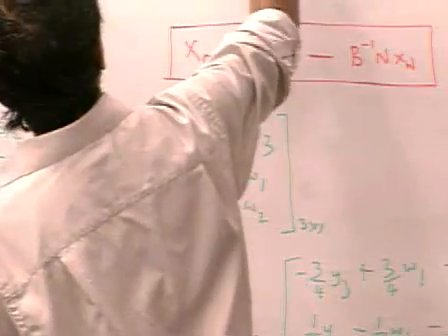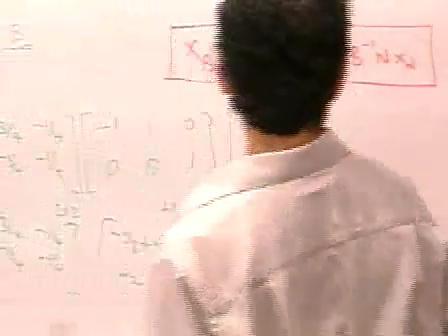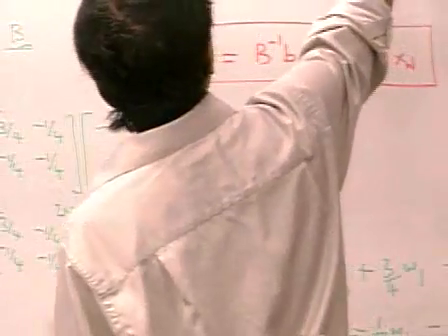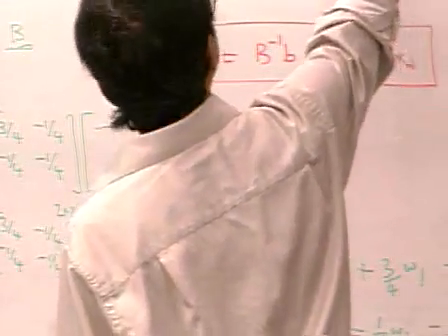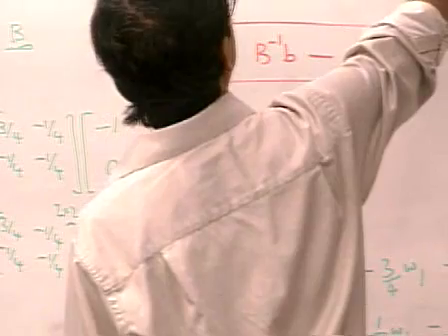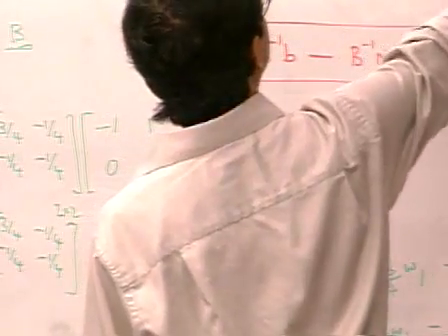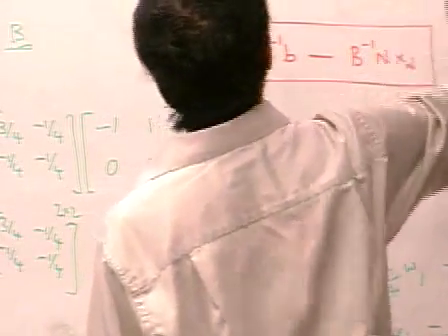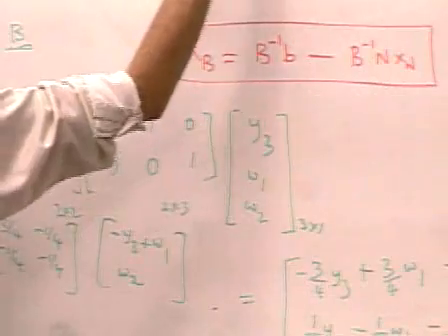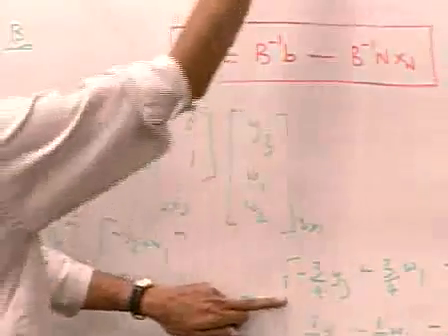So Y1 must equal negative 3/4 minus this quantity. Similarly, Y2 must equal 5 over 4 minus this quantity.